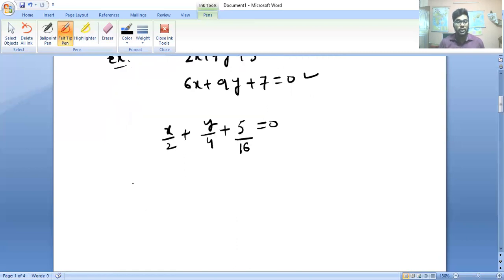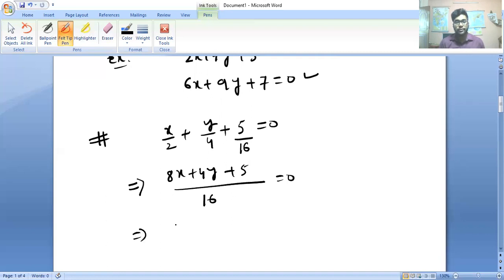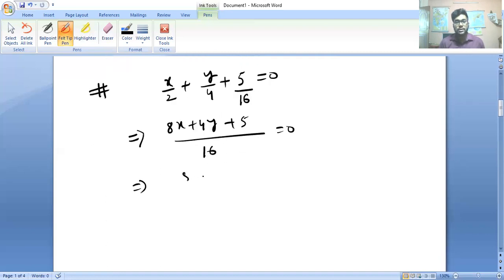Yes, obviously we can. How? See, I'm taking LCM 16. It becomes 8x, this becomes 4y, and this becomes 5. So therefore we have 8x plus 4y plus 5 equals 0. Why? Because 16 goes there, so it becomes 16 into 0, which is 0, right? So this is our linear equation.